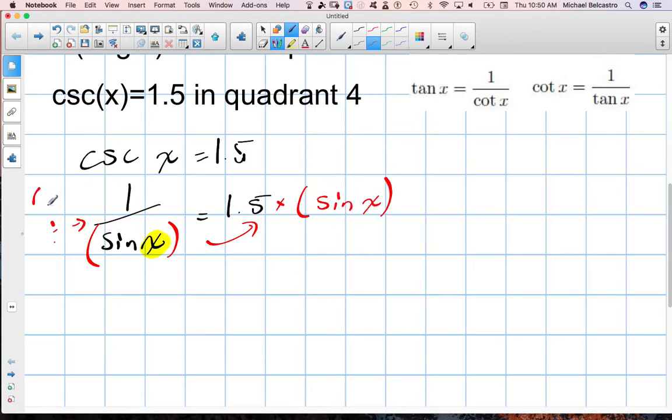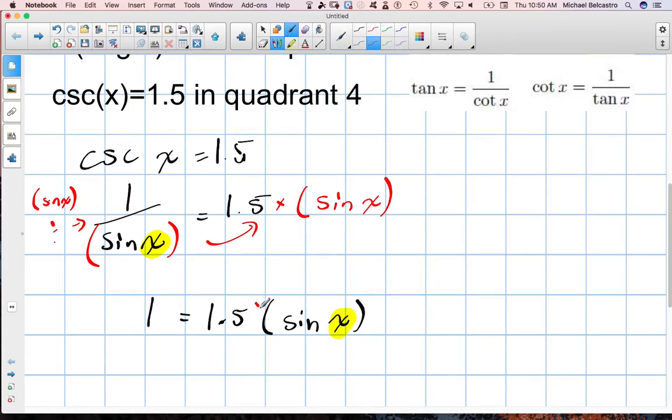Really what's happening is we're multiplying both sides by sine x, and these are canceling out or creating a 1. For all intents and purposes, on the left side of the equation, we're left with 1 is equal to 1.5 multiplied by sine x.